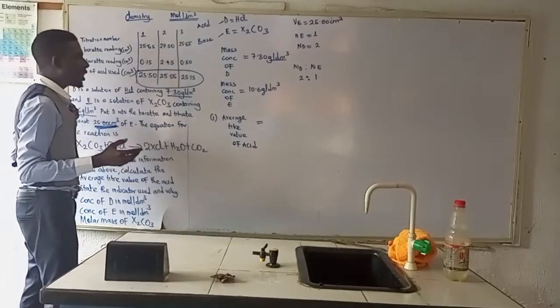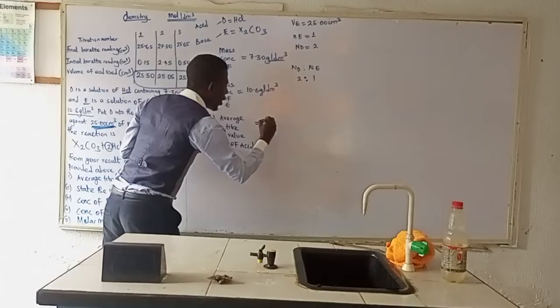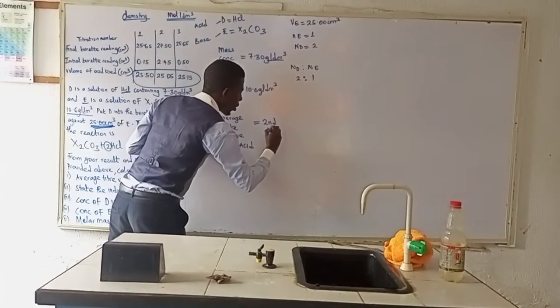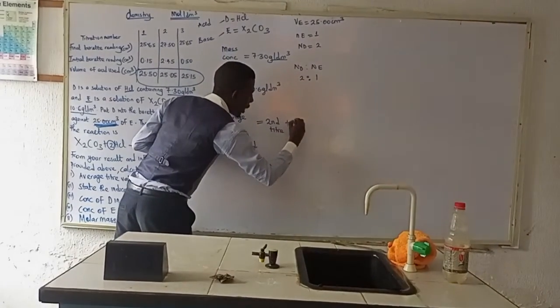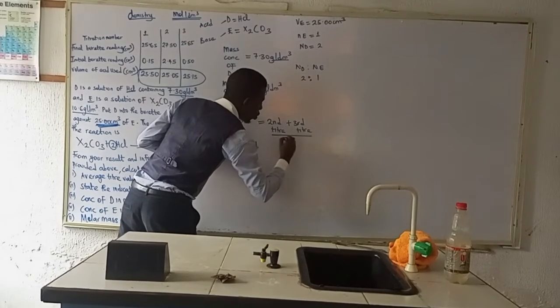Automatically, my average titre value will now be my second titre plus third titre, divided by 2.